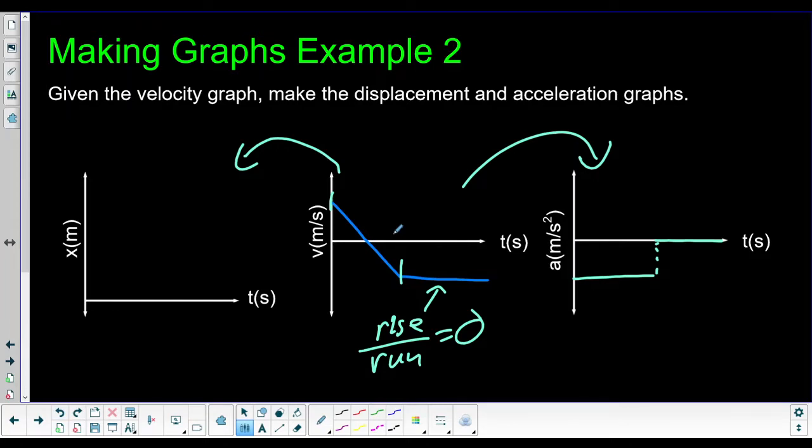Okay. What works for me is looking at the value of our velocity time graph and then making that the slope here. So let me show you what I mean. Right here, we have let's say a medium-sized positive number. So the slope here has to be positive, meaning up to the right, and we want to make it a medium-sized number.